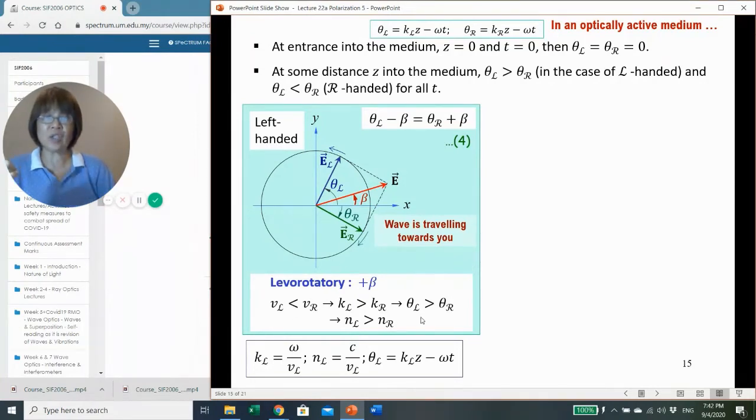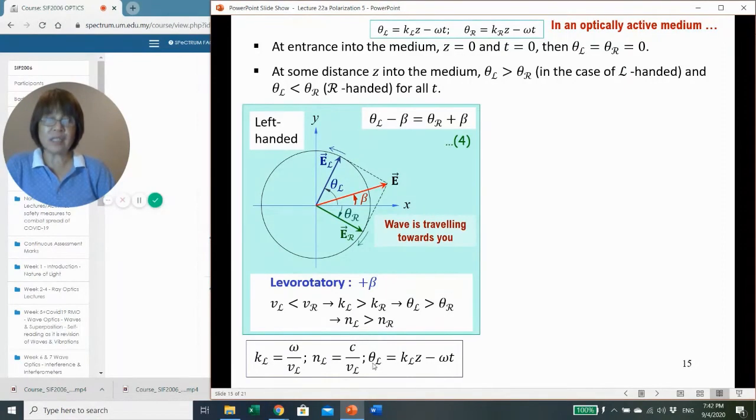In this case, theta L is larger than theta R, but the speed of the left circularly polarized light would be slower than that of VR. From this expression, you'll find that KL will be larger than KR. Why? Because K is related to omega over V, so it's reciprocal.